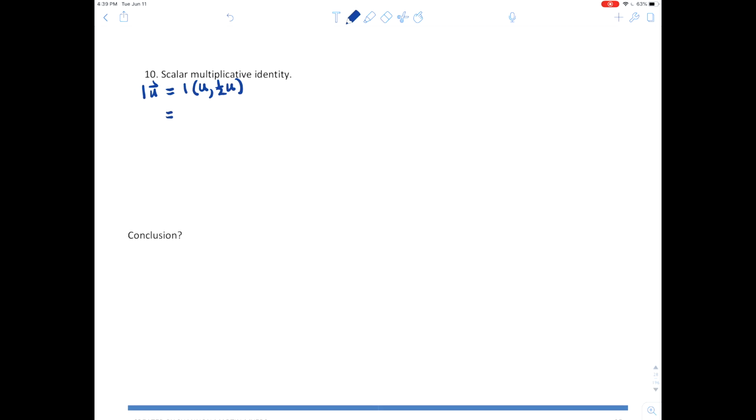Using, now you can't assume anything, using our definition for vector scalar multiplication, bringing in the 1, we'll have 1 times u, comma, 1 times 1/2 u. And that was by definition of vector scalar multiplication.